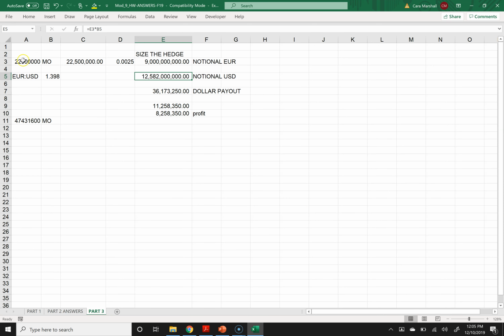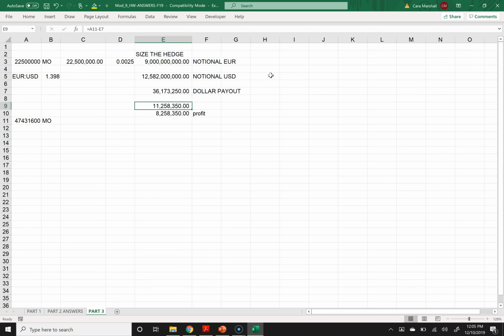How do you calculate the notionals? Well, you're given this information. This is given in the problem. So you know the notionals in euros. But for US dollars, you just take that exchange rate that's given, multiplied by the notionals in euros. And then to figure out the dollar payout, well, we know it's monthly. And so we're just calculating that through.